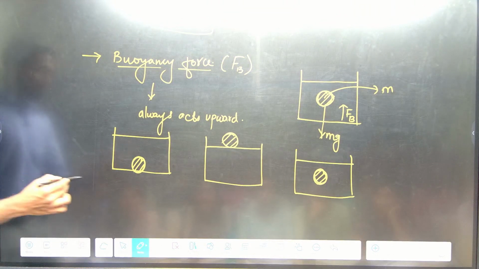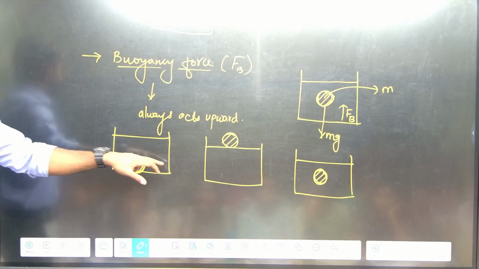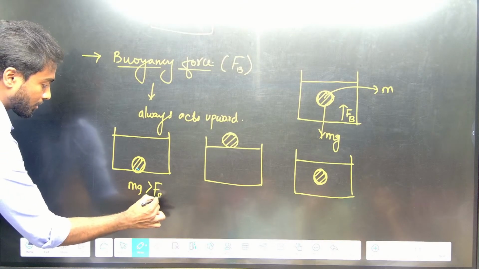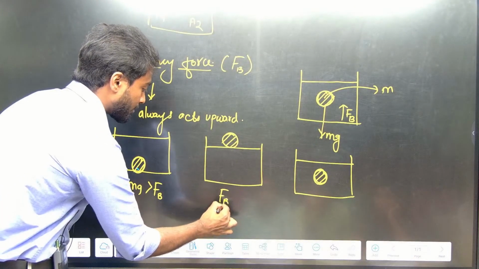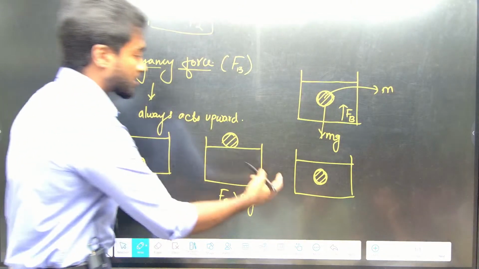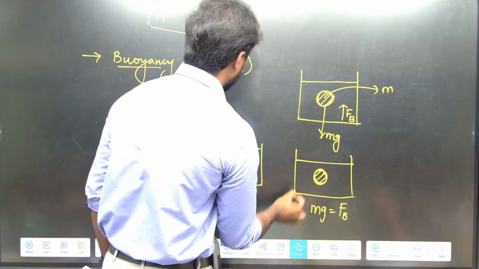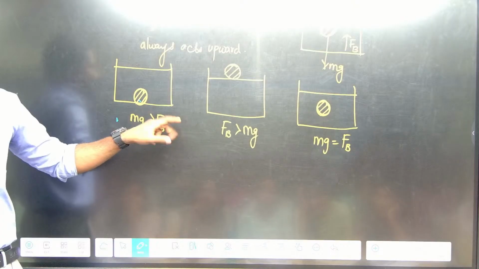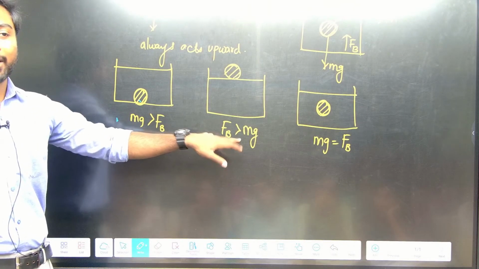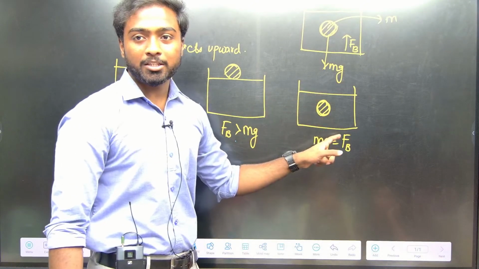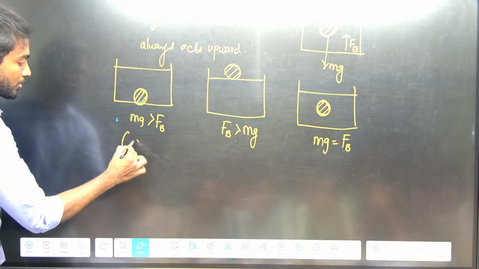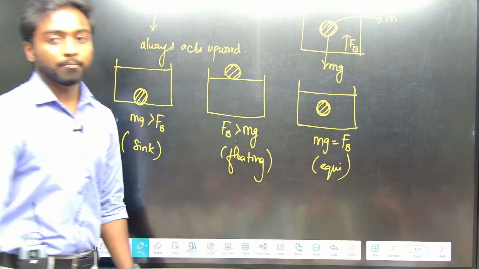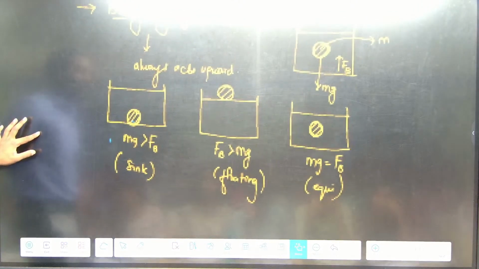In the first condition, the weight of the object is greater than the buoyancy force: mg is greater than Fb. In the floating condition, Fb is greater than mg. In the equilibrium condition, mg equals Fb. If the object is sinking, its weight is greater than the buoyancy force; if it is floating, the buoyancy force is greater than its weight; and in equilibrium, both are equal. Any doubts here? Write down.